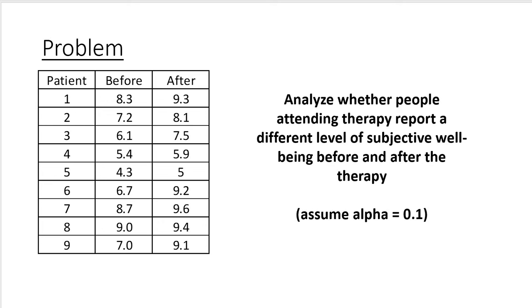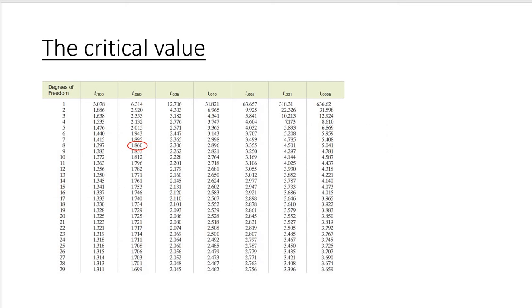So keep in mind we have 8 degrees of freedom because there are 9 pairs of observations in our sample. And because we perform a two-tailed test, we have to analyze both sides of the distribution, and that's why we have to split alpha by half. So alpha should be equal to 0.05.